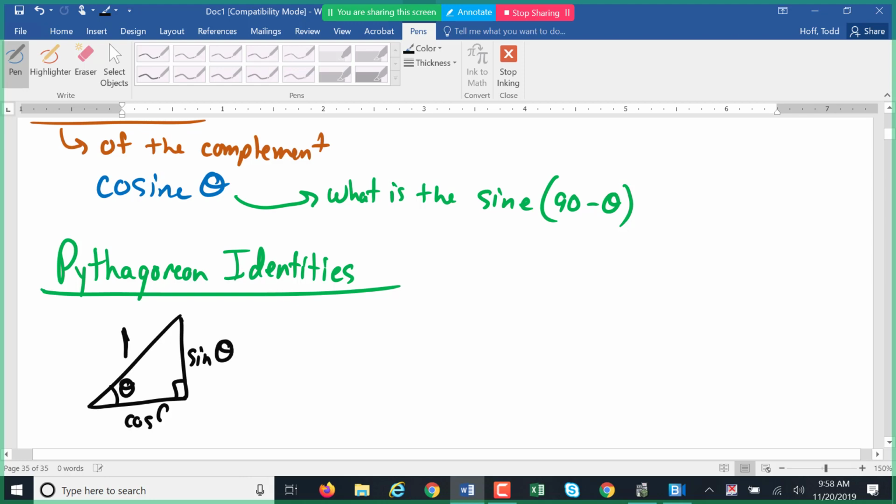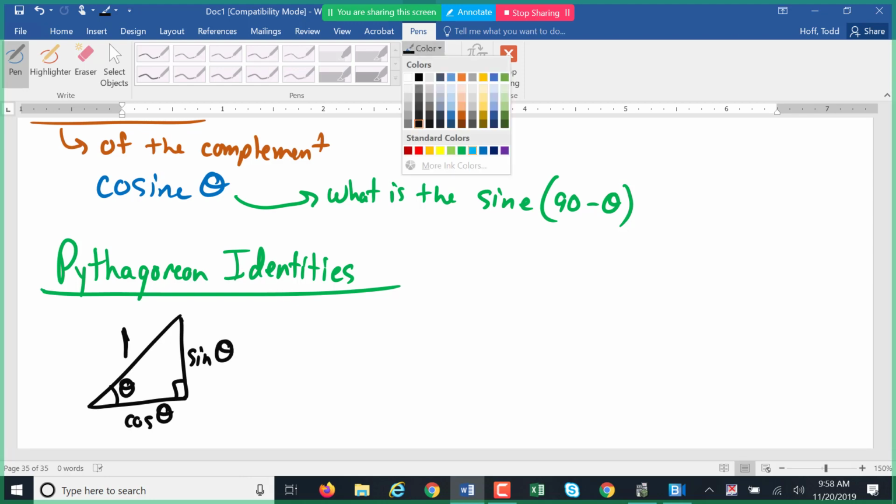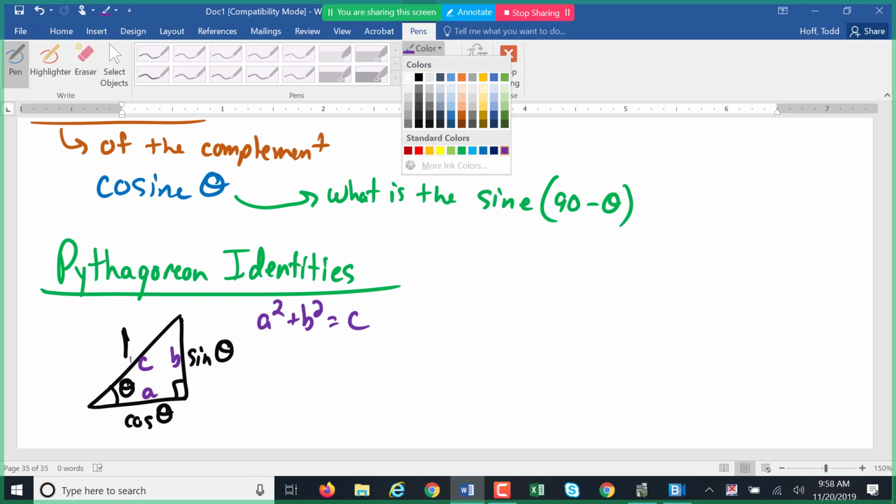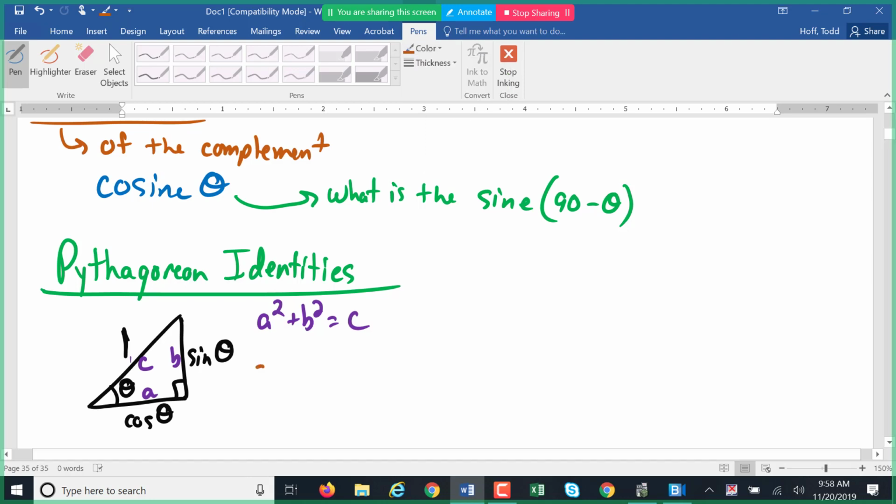This is cosine theta. We know that the legs, the two sides that make up the right angle, and the hypotenuse is the longest side, or the side opposite the right angle. We know that a squared plus b squared equals c squared. Well, here that amounts to the sine of theta squared plus the cosine of theta squared equals 1 squared.